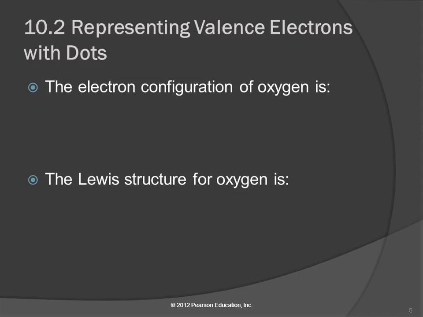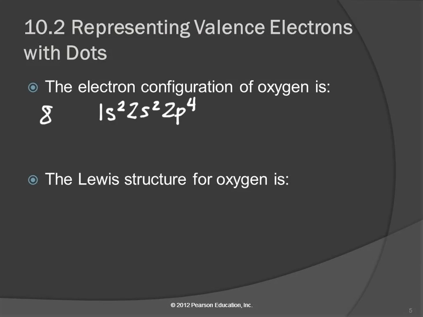So let's look at oxygen. So the electron configuration for oxygen is what? Oxygen has 8 electrons, right? So it's going to be 1s2, 2s2, 2p4. And we can do that by looking at the periodic table.